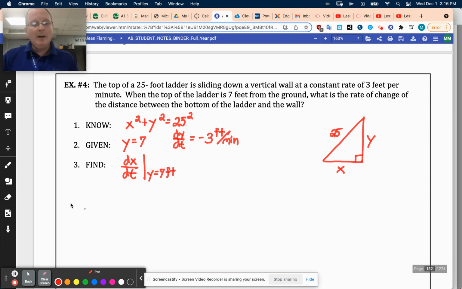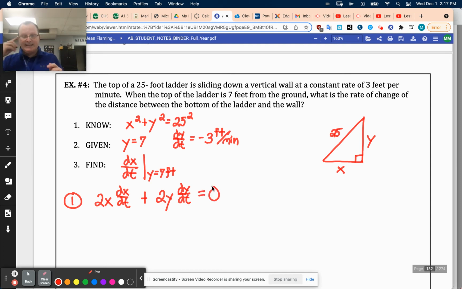Okay, so here we go. Number one, derivative. So we got 2x dx/dt plus 2y dy/dt equals 0.